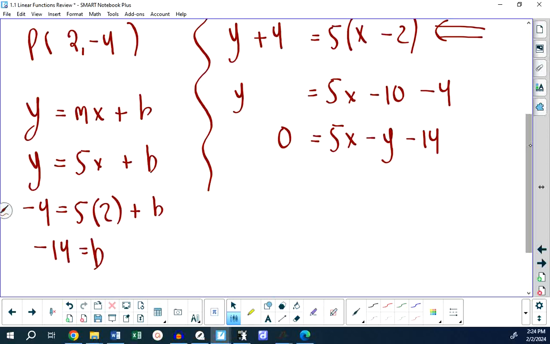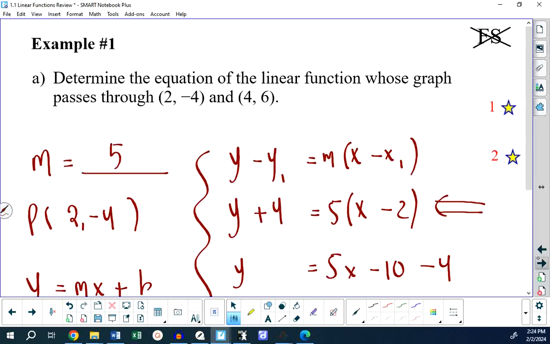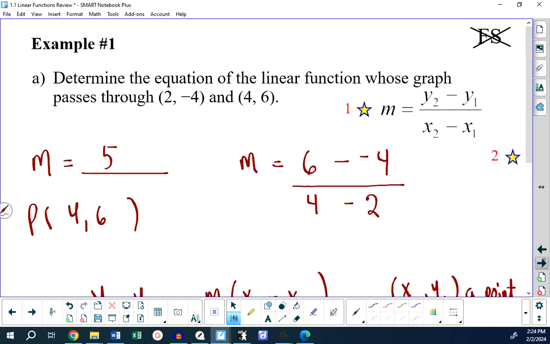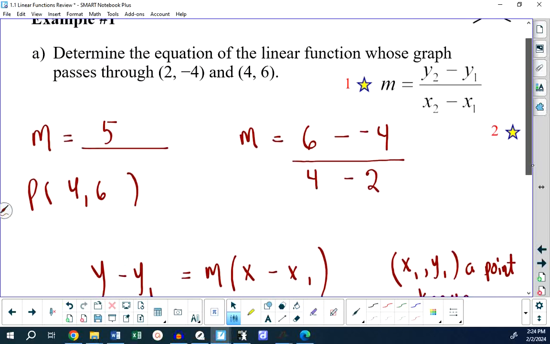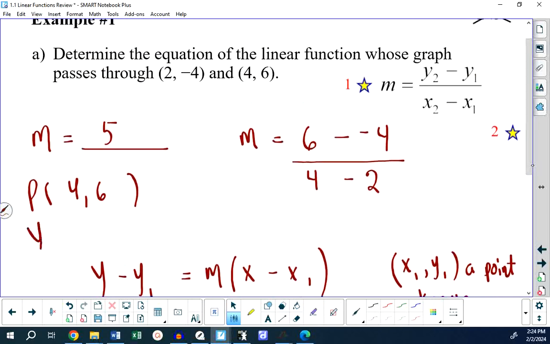And then you can say y equals mx plus b, and it's the same equation. All right? From this point, we'll do it with this one, where you have y equals 5x plus b.